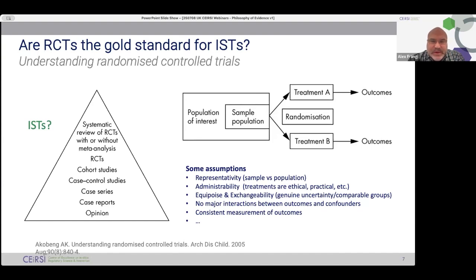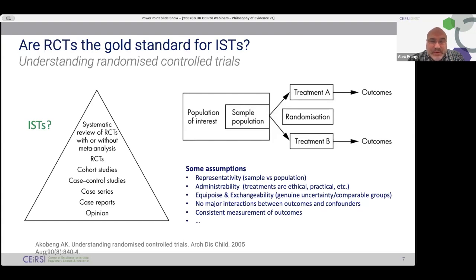Just to explain why we mean that, there are other considerations as well. When we develop the randomized control trial, there are a number of assumptions we are making. One is that the sample of our population that we will expose to various treatments or interventions is representative of the wider population, and that it is indeed possible to administer the treatments and the interventions to all the subjects, which may not be possible in some cases.